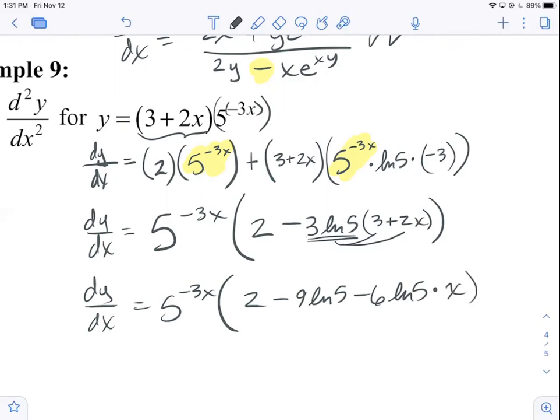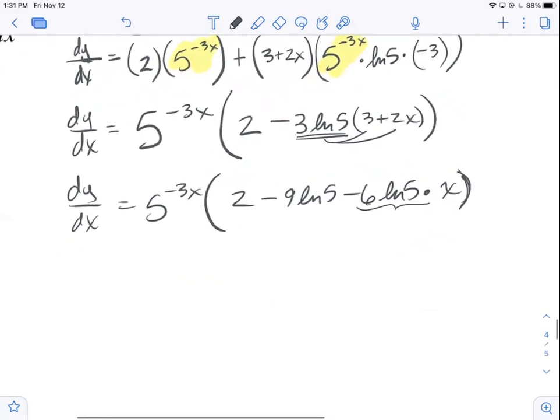Or put x in parentheses or put a dot there, because this is the coefficient of x, like the e cubed x that we saw earlier. That's a linear term. It just has a wacky coefficient, right? And if you didn't put a dot there or parentheses, it might look like 6 times the natural log of 5x, right? And x is not in the argument. There you go. All right, now let's take the derivative one more time.